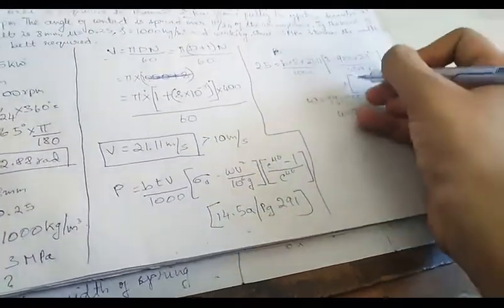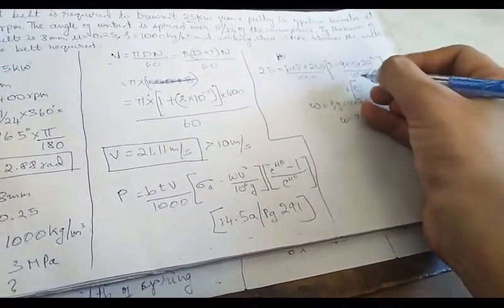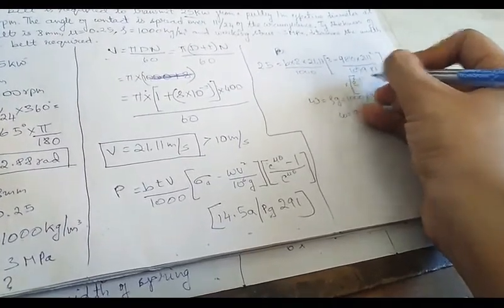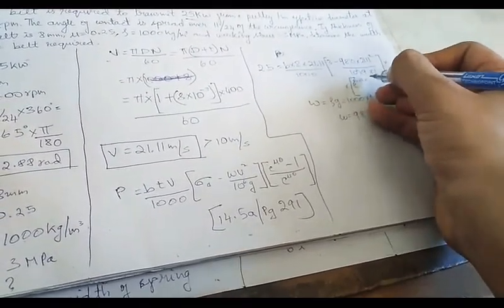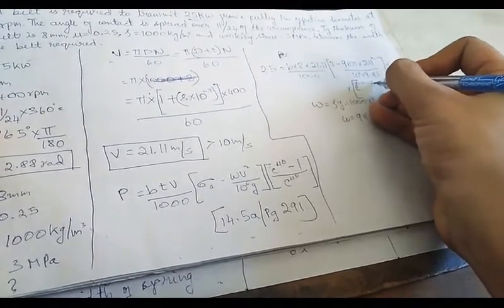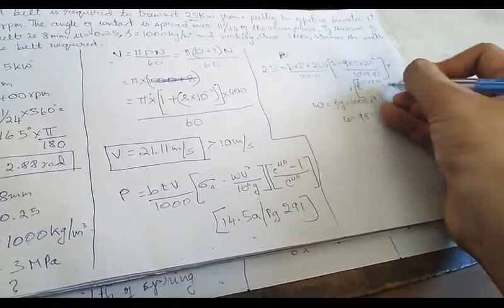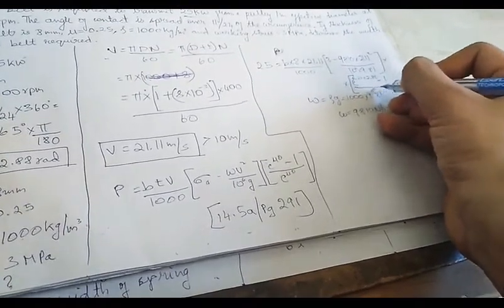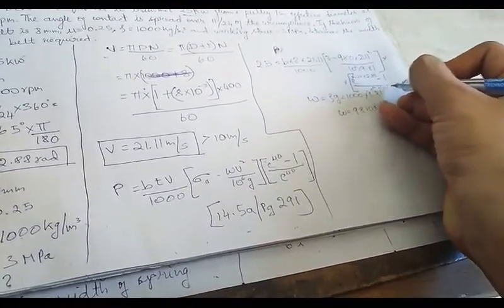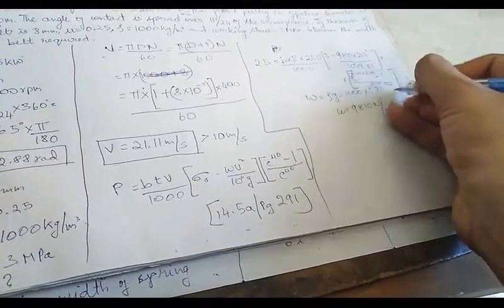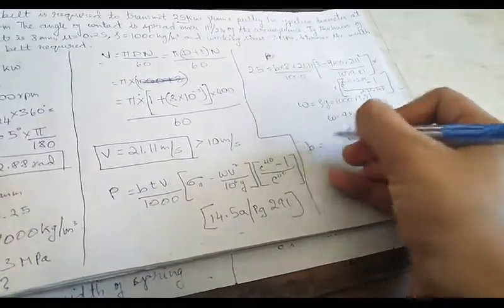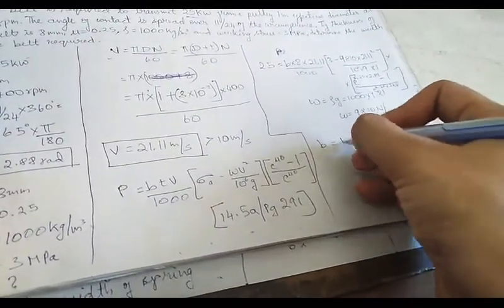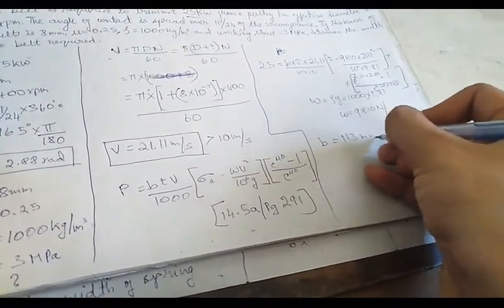Into e power mu theta minus 1. Theta is 2.88 radians minus 1 by again e power mu theta, 0.25 into 2.88. So the value of B we will get after solving this equation is 113 mm.